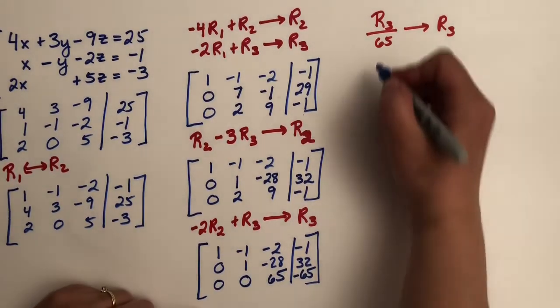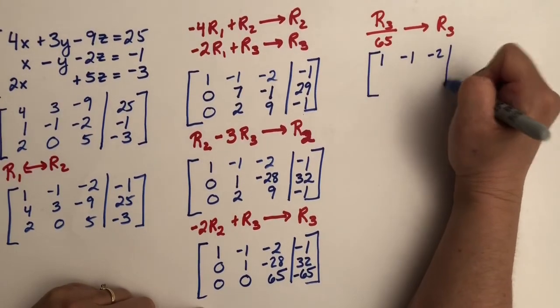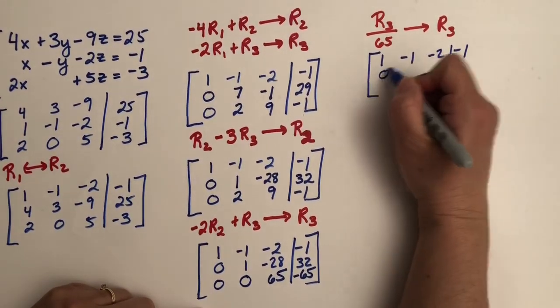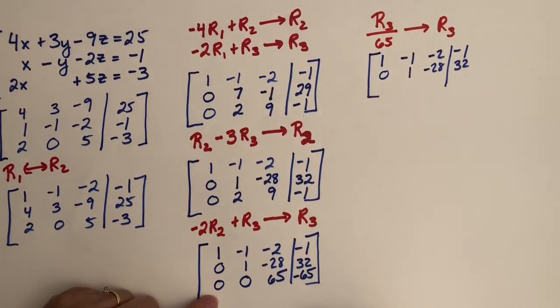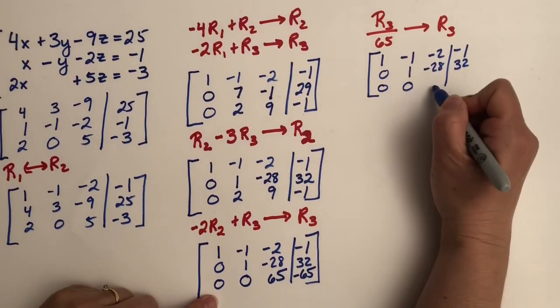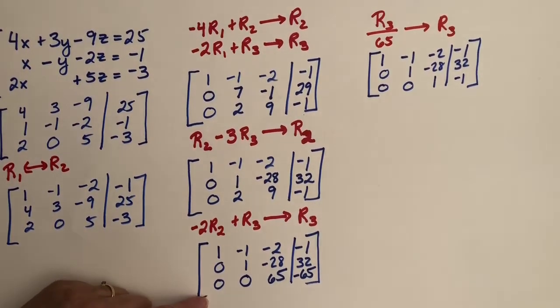So our row 1 is unchanged. Our row 2 is unchanged. And we're dividing by 65. So we have 0, 0, 1, negative 1. And our matrix is in row echelon form.